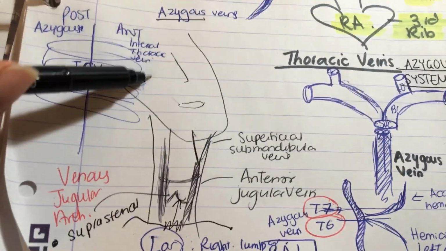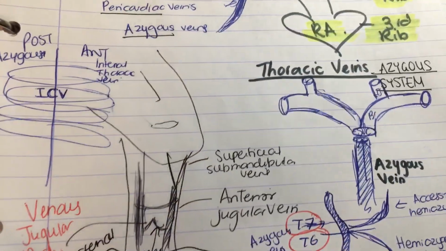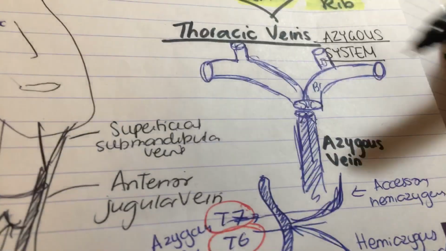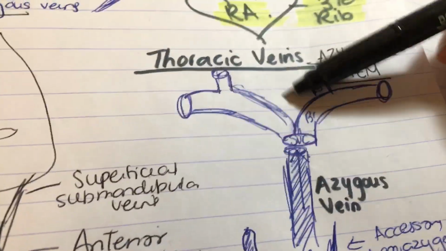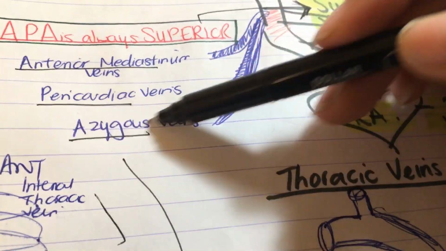If it's the front, it's going to be the anterior thoracic vein. In terms of these thoracic veins, the azygous vein actually goes into the superior vena cava. Remember: anterior mediastinum veins, pericardiac veins, and azygous veins.